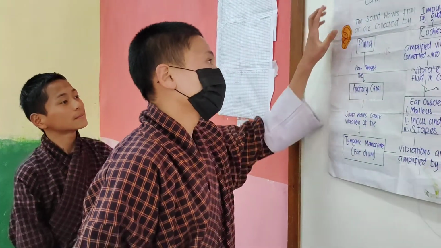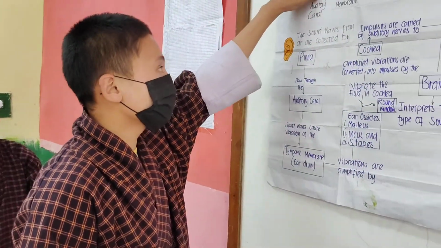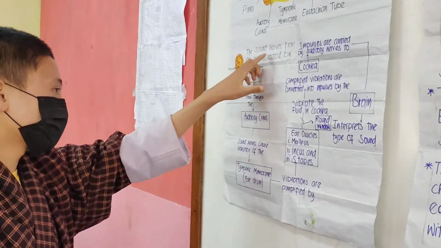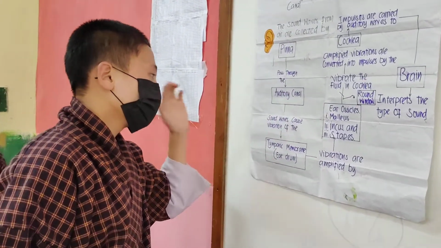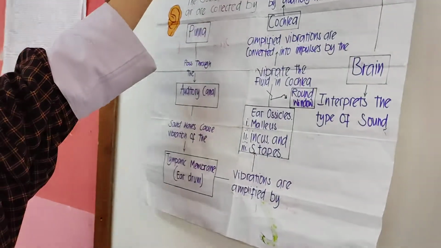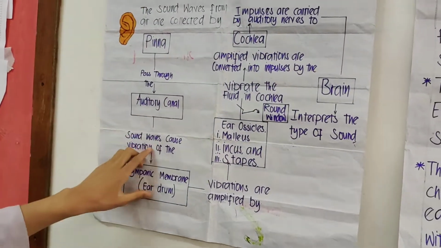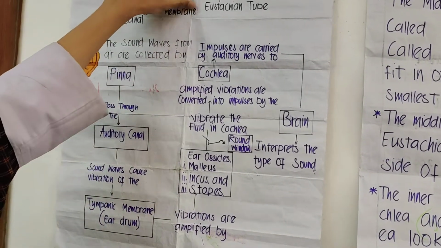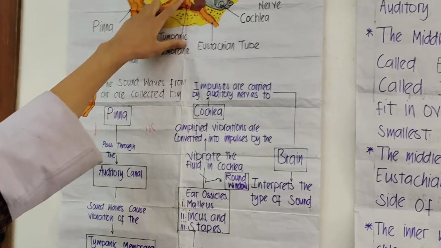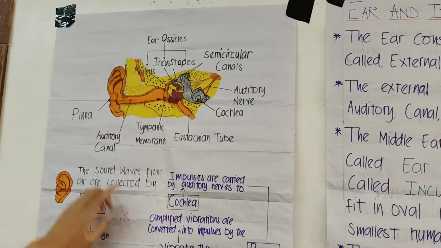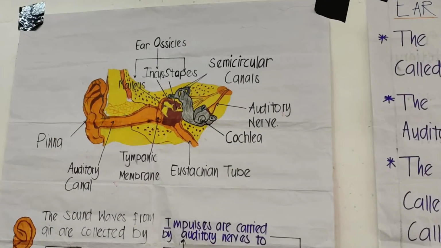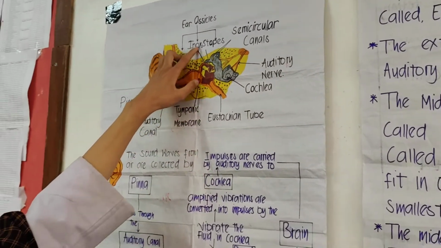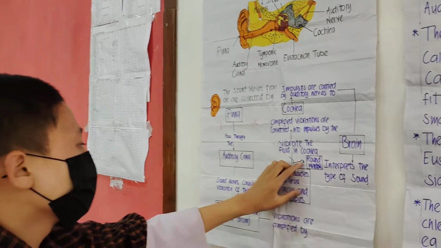Our ear is actually called the pinna. The sound waves from the ear are collected by the pinna and pass through the auditory canal. These sound waves cause vibration to the tympanic membrane in the eardrum. We hear the sound when the sound reaches the tympanic membrane, and the vibrations are amplified by the incus, stapes, and malleus.